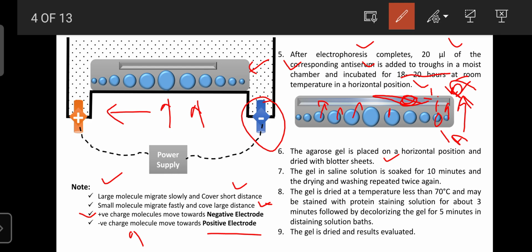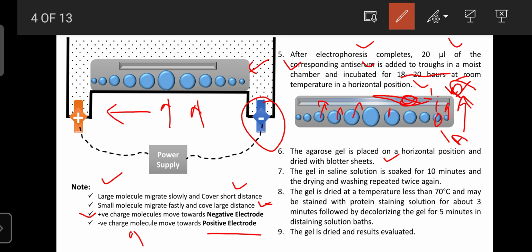That complex is nothing but one color band due to the antigen-antibody reaction. If you monitor that color band, then you get the positive result. If that band is not produced, it indicates that the patient is free from COVID-19.